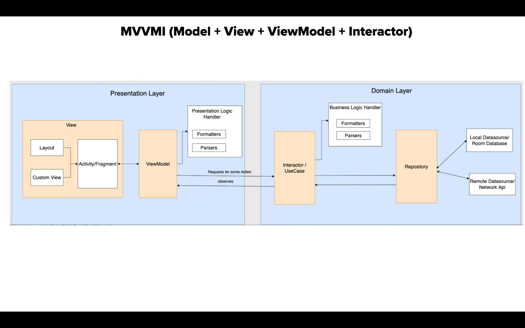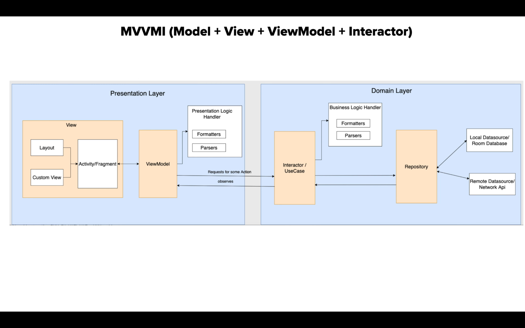So the interactor will listen to the changes of the repository, the view model will listen to the changes of the interactor, and the view model can request the interactor. Also, I found that in several cases we can reuse blocks of code: the repository can be reused, the interactor can be reused, and the view model can be reused.